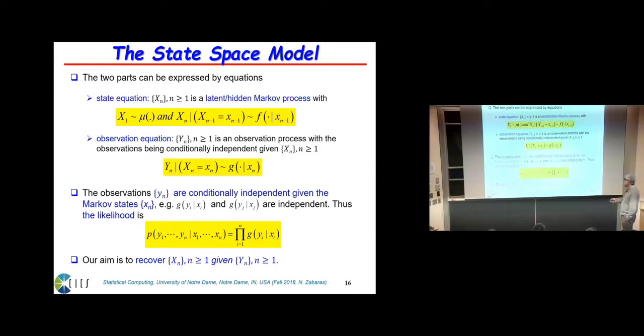So the problem is to recover the values of xn for n greater than or equal to 1 if we know the observations yn. And why do we care about this problem? Because it comes up all the time. But if we're going to compute the posterior, a question you need to ask is the following. Can I keep doing this forever? In other words, can I compute the posterior as n increases to infinity?